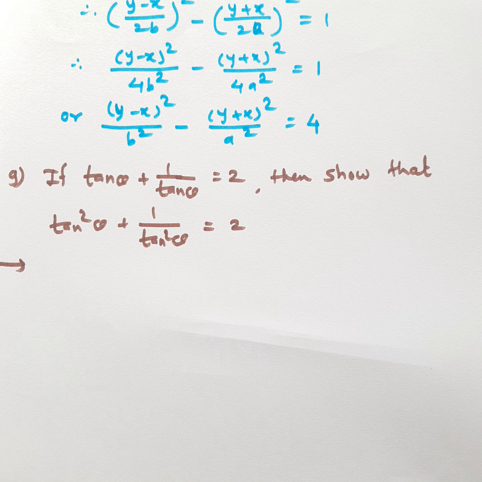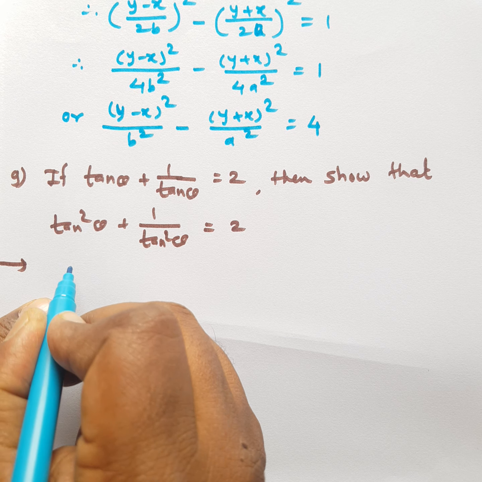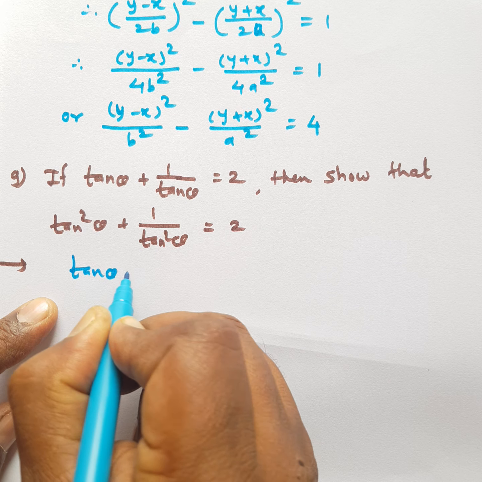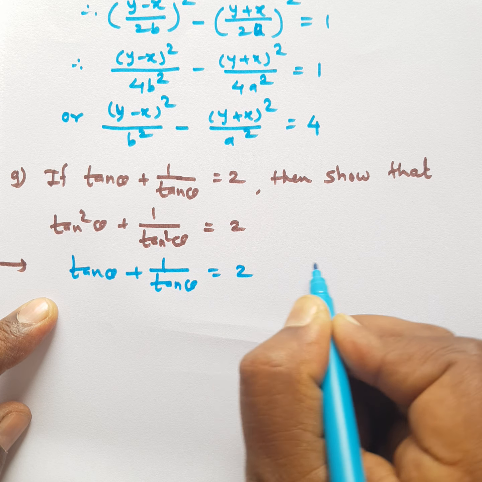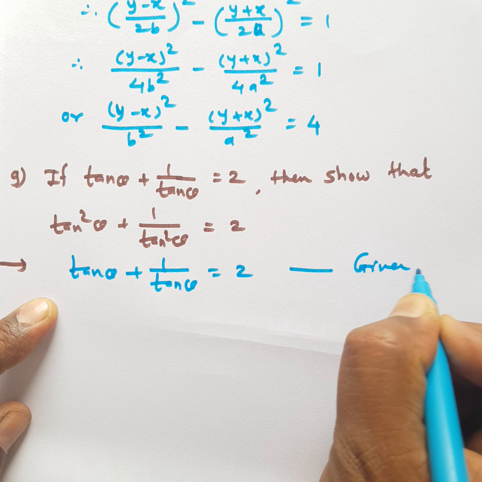Now first, we have given that tan theta plus 1 upon tan theta is equal to 2.